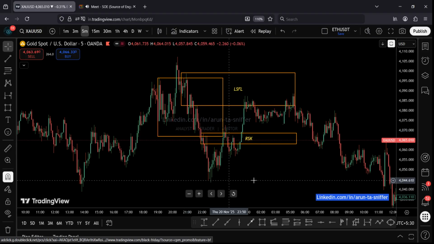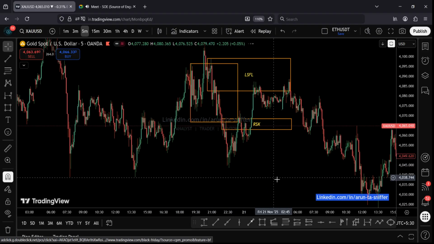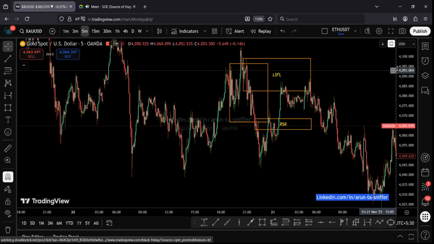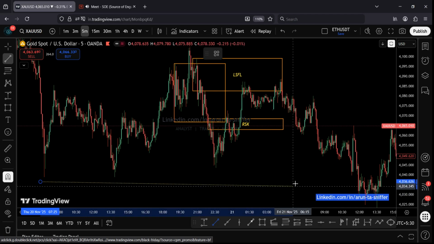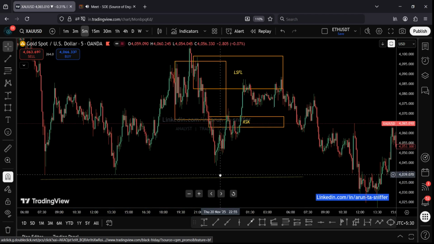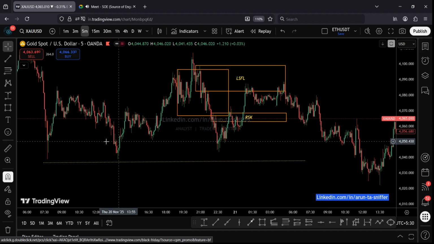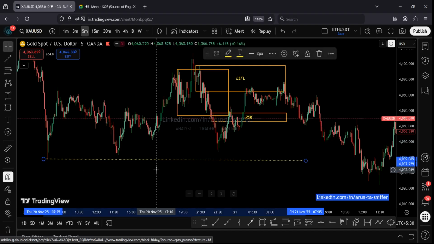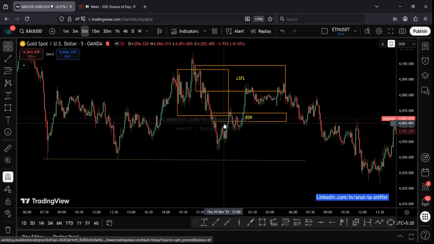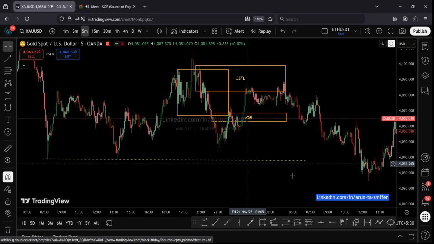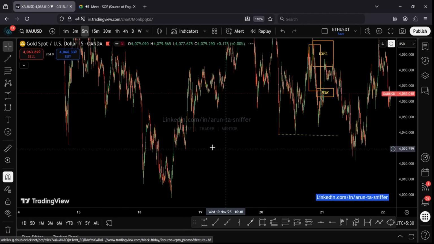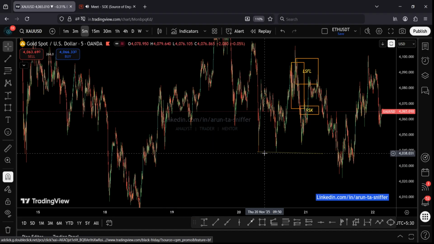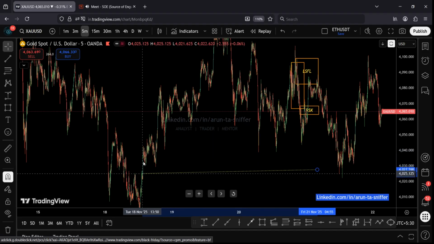Price came down, reached here, but the target was below this level. What did price do? This RSK was not able to send price to the target. Look at this, here was the target. This is what it was hitting, the actual target was below this.